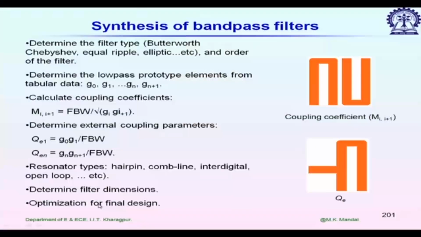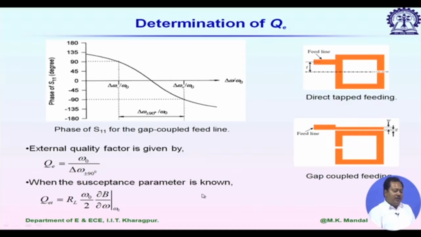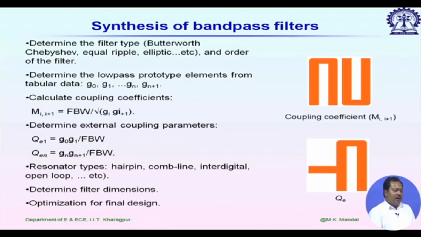Next, determine filter dimensions. For this we have to use some sort of full wave simulator to realize the filter, and then optimization for the final design. It is a lengthy procedure, and it starts with the QE and K calculations.